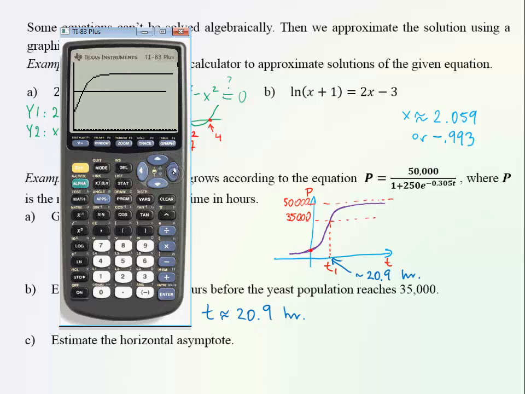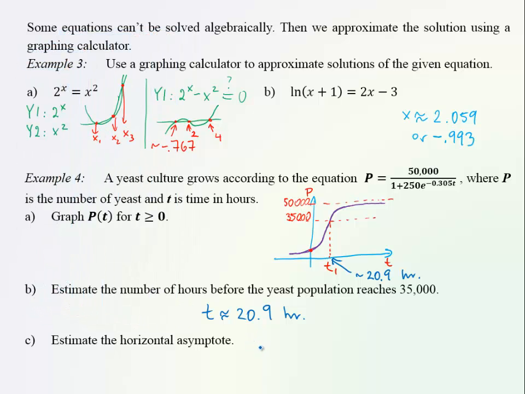It doesn't cross the 50,000 level. It stabilizes at that level, but it's very, very close. Yes, it's 50,000 because the calculator doesn't distinguish between pixels anymore. So the horizontal asymptote appears to be 50,000. That's the capacity of the population. Well, we figured out that the horizontal asymptote has the equation P equals 50,000.